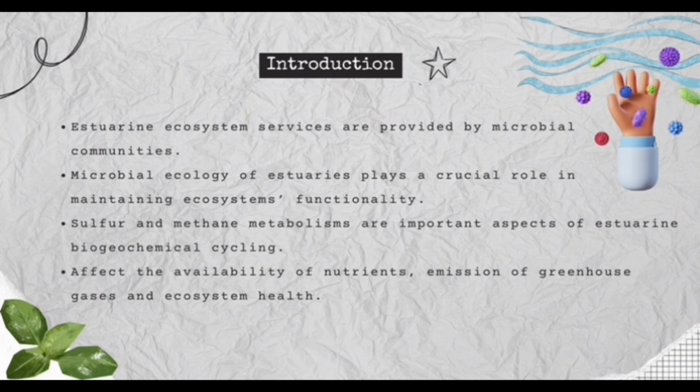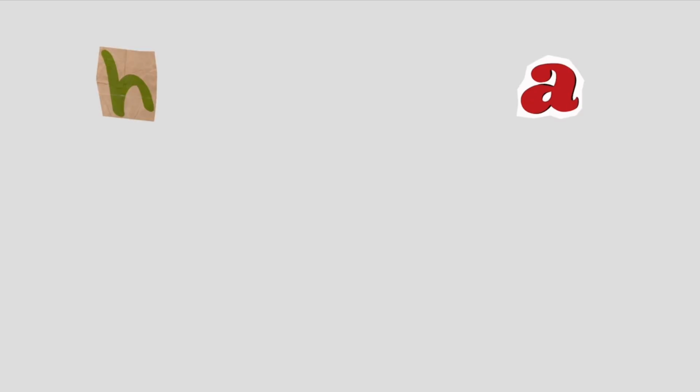The dynamic interplay between these metabolisms is regulated by environmental factors such as oxygen gradients, sulfate concentration, and organic matter availability, which ensure the stability and functionality of estuarine environments. In order to preserve estuarine ecosystems and minimize their influence on the global climate, it is essential to comprehend and control these microbial processes.